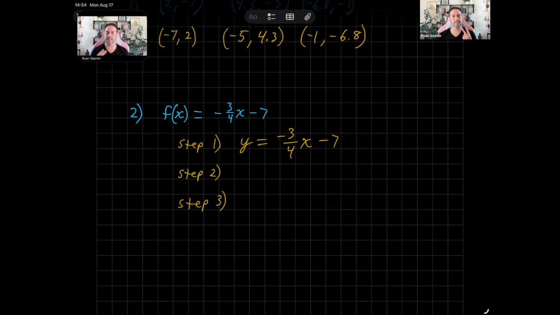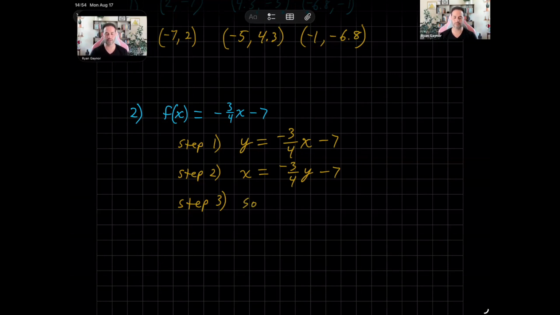Okay, step 2, we're going to switch the x and y. So we write x equals -3/4 y minus 7. Okay, and then step 3, we need to solve for y, and that will allow us to find the inverse.